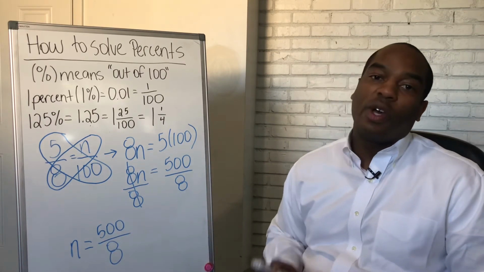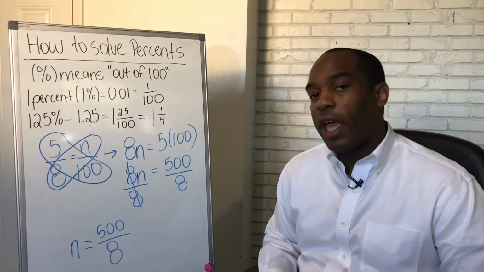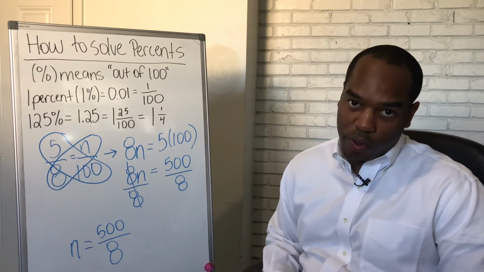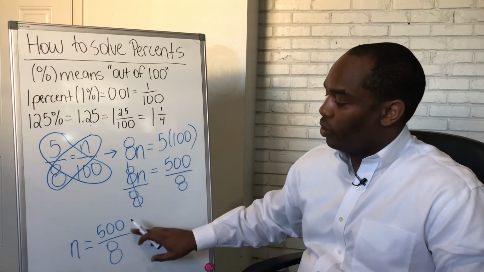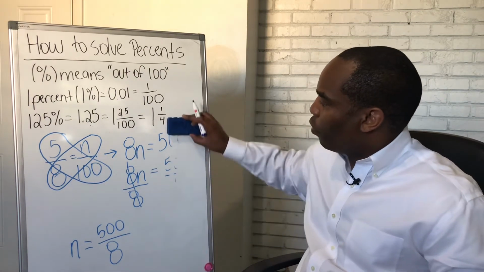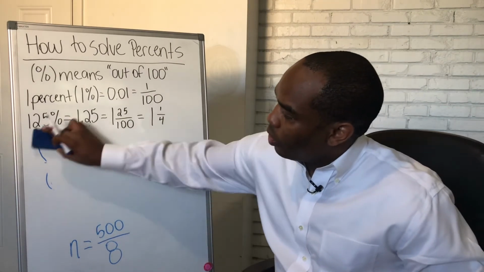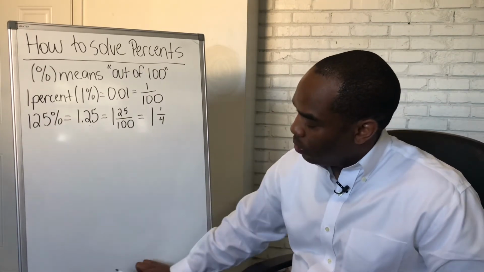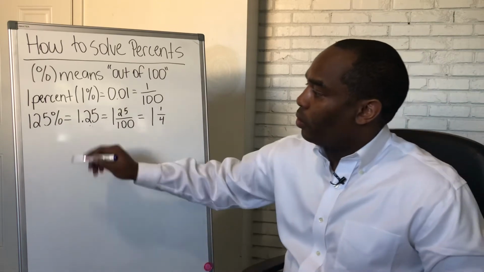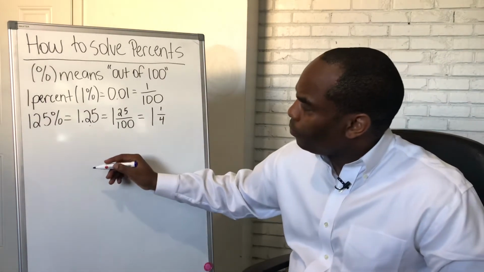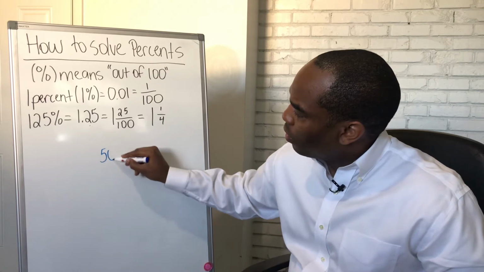Now I know when I solve this, it's going to give me a decimal. So let's go through the process of solving 500 divided by 8. We'll need a little bit more room for this, so I'm going to erase this. Don't worry, you can always rewind the tape or play back.